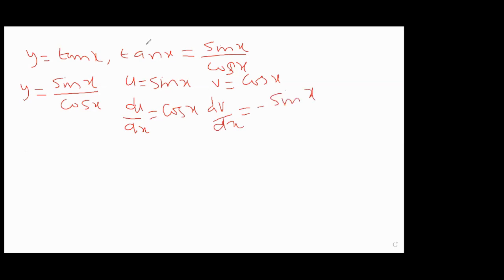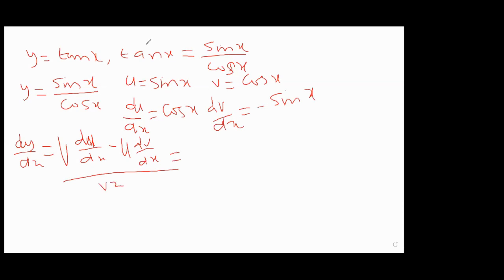We put it in our formula: dy/dx will give you v du/dx minus u dv/dx all over v squared. If you now put this here, our v is cos x. Our du/dx is also cos x.